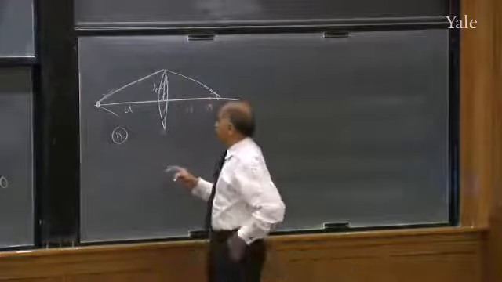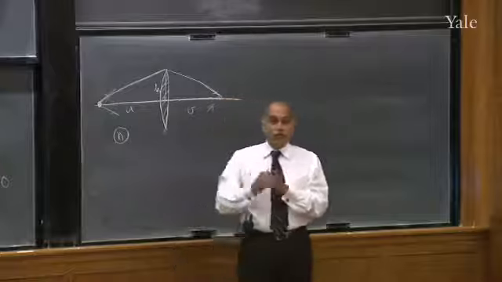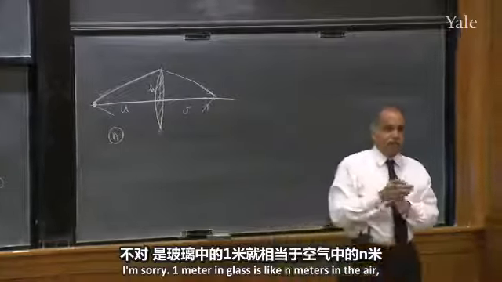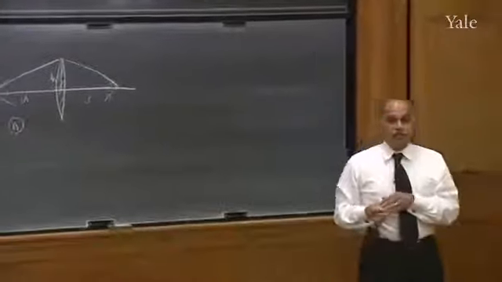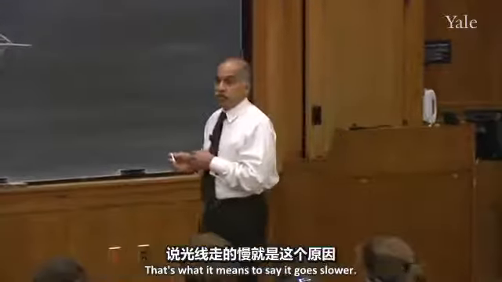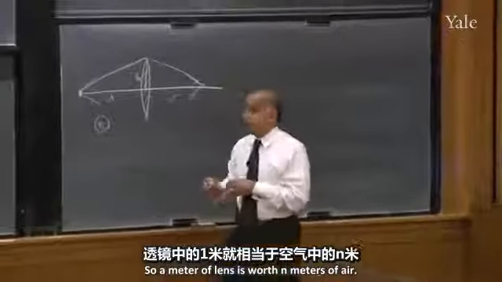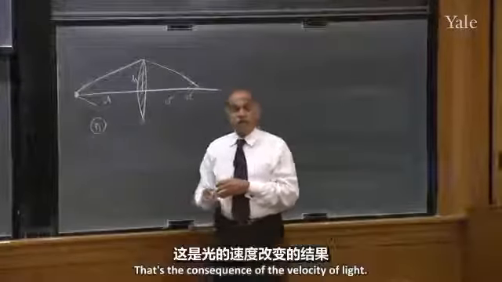What that means is 1 meter in glass is like n meters in the air. Do you understand in terms of travel time? Everybody with me? That's what it means to say it goes slower. So a meter of lens is worth n meters of air.